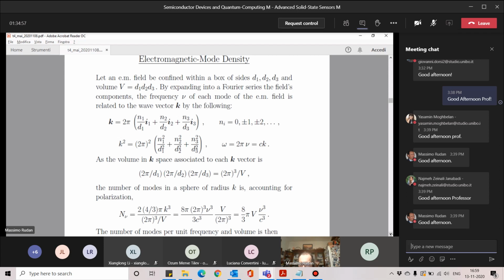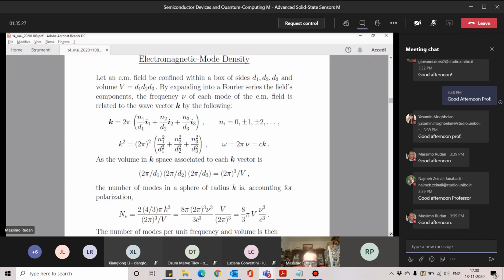This is different. This is the electromagnetic theory, but the mathematical apparatus is identical, okay? So the k vectors are equally spaced, okay, in the k space, because you reach one vector from another vector by changing the indices by 1 unit at a time.